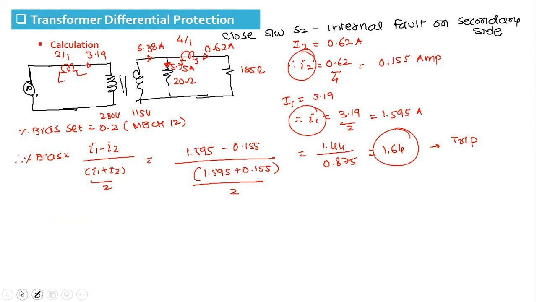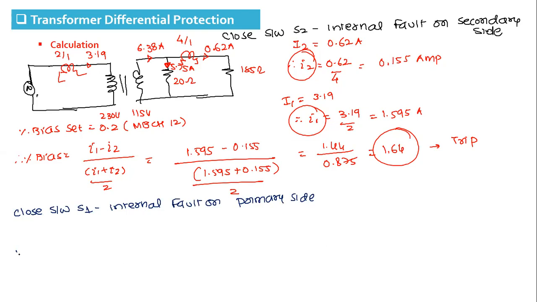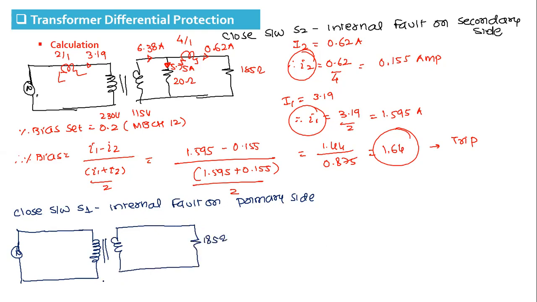Likewise, if we calculate it for an internal fault on the primary side, in this diagram, if we close S1, this 25 ohm, so the diagram will be like this. (185 ohm).